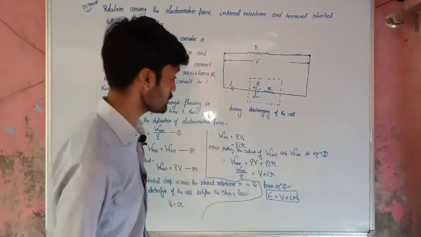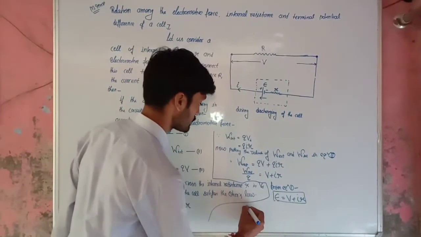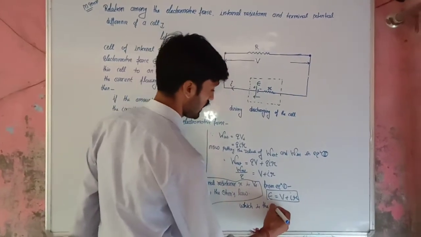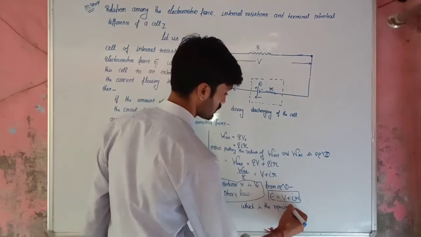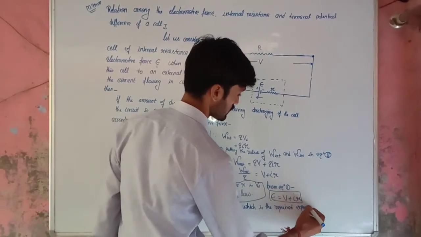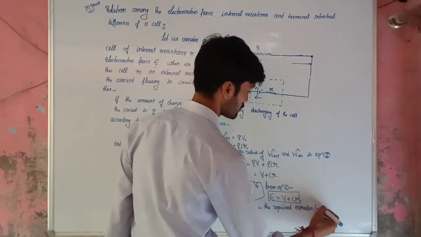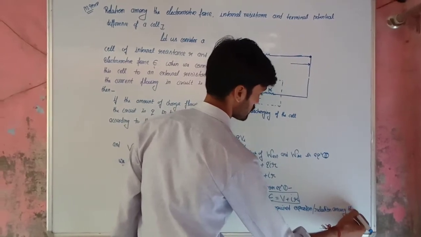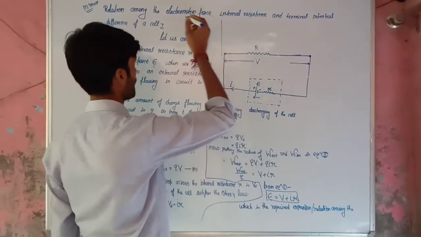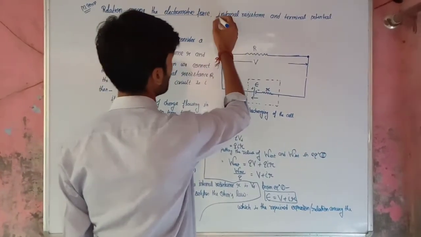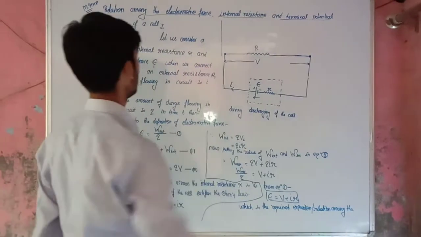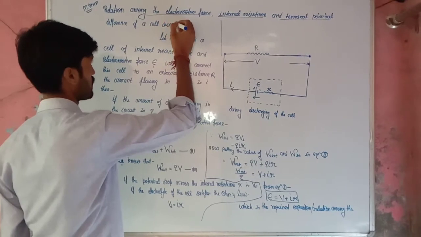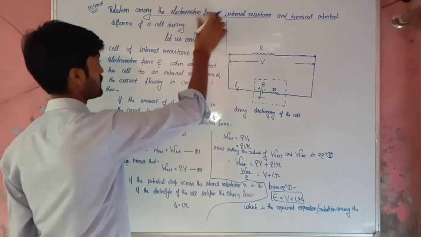Okay, so this is the required expression or relation among the electromotive force, internal resistance and terminal potential difference of a cell during discharging.